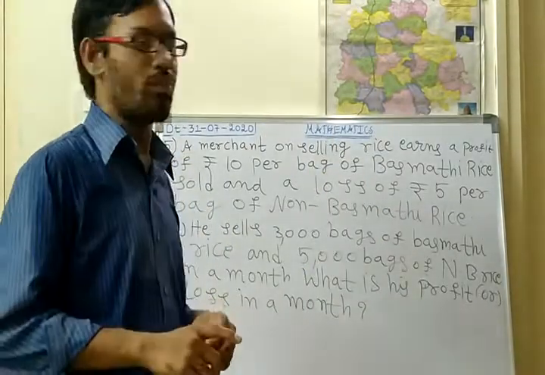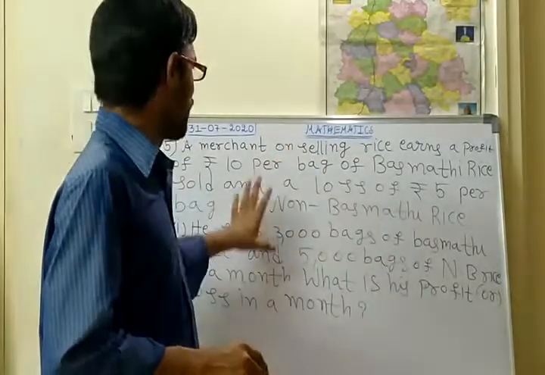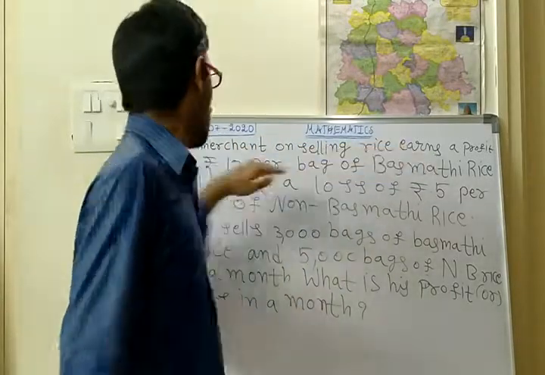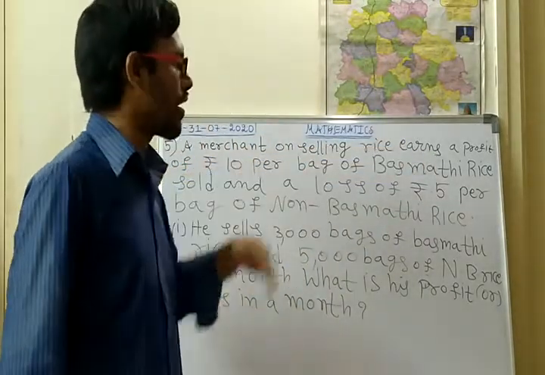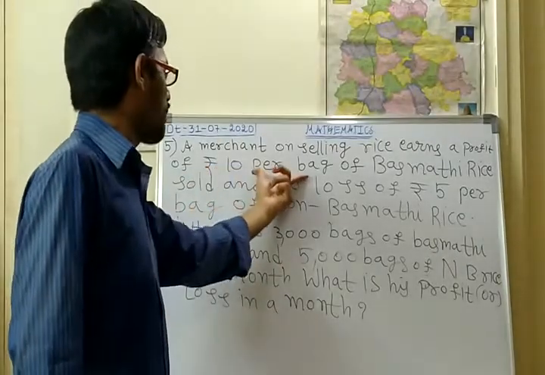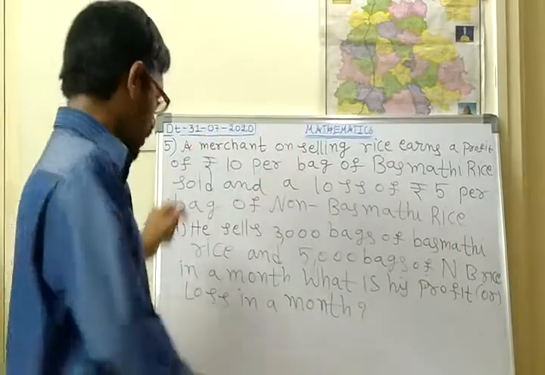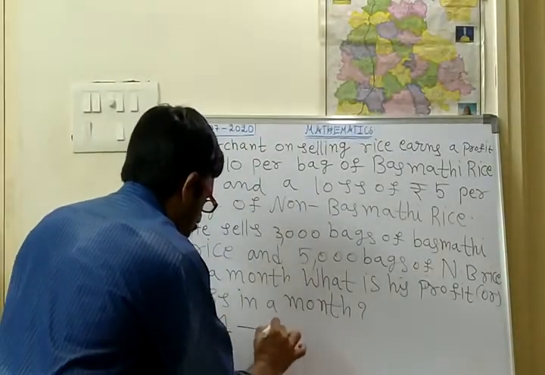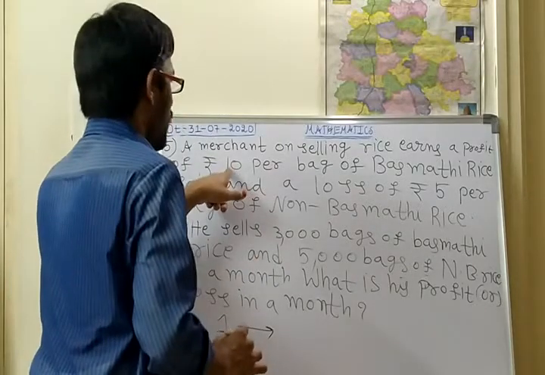So like this here also, a merchant on selling rice earns a profit of rupees 10 per bag. Rupees 10 per bag means for one bag. So see children, for one bag he got a profit of rupees 10.